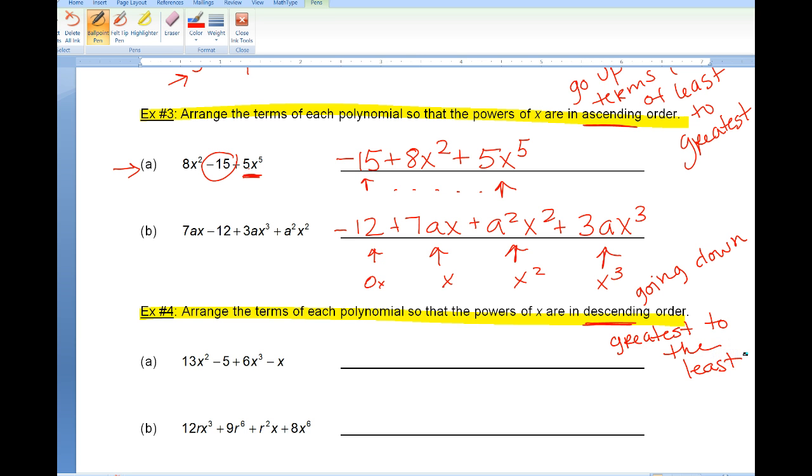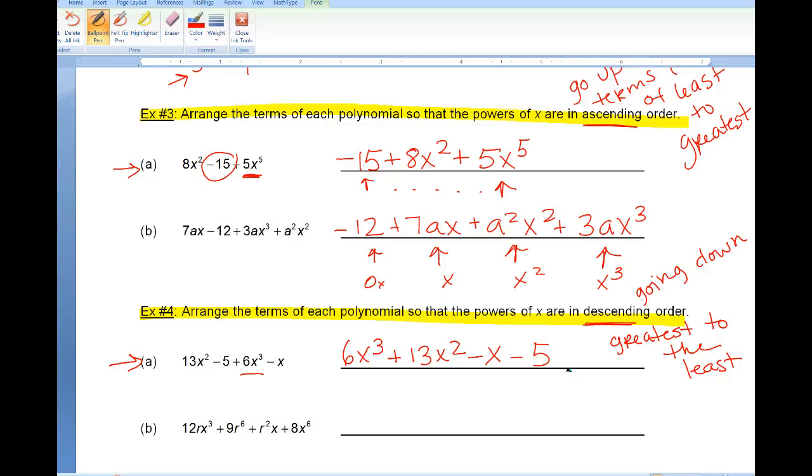So now when I look at my first example, I'm going to find the biggest x exponent, which I see here is 6x to the third, and then I'm going to write them in order as x gets smaller. So we see here that x goes 6x to the third, then 13x squared, then minus x, then minus 5. 5 has no x's, so it has the least.